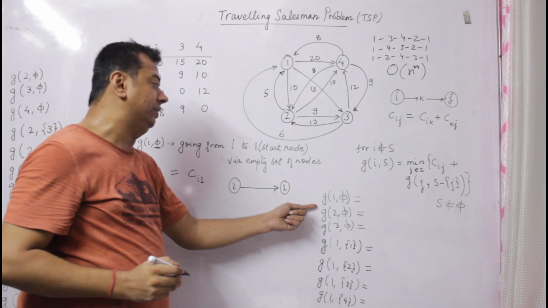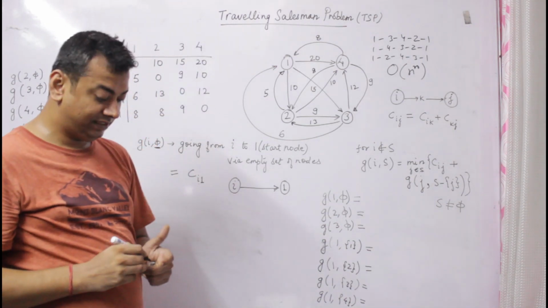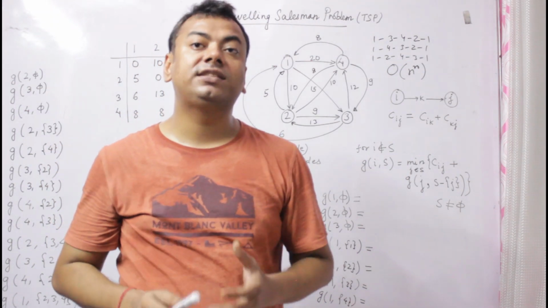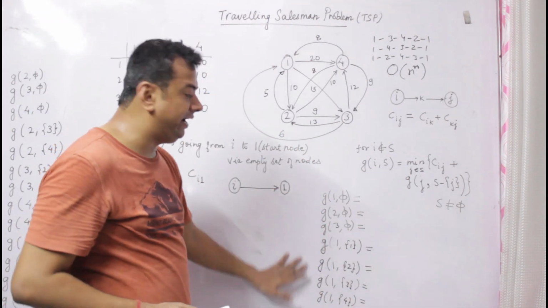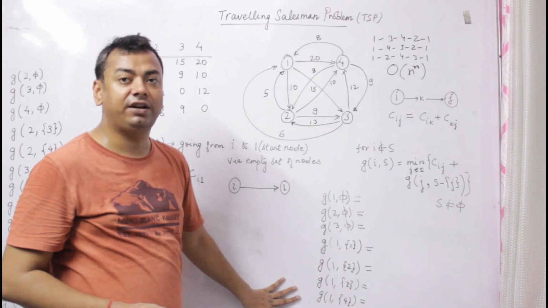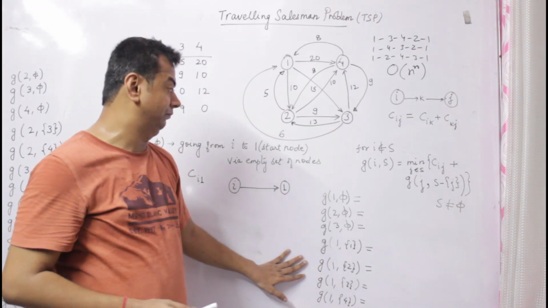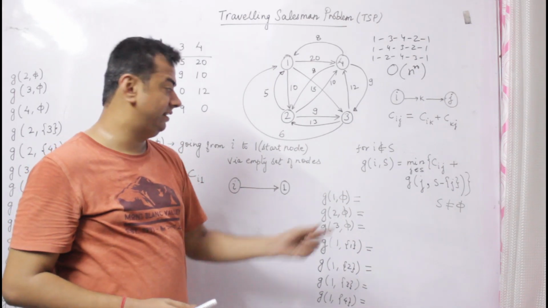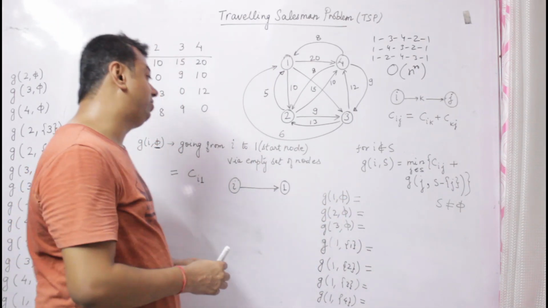So now let us compute G of 1 comma phi. Before that, which all subsets are to be included in this G function? We'll see one by one. So first is G of 1 comma phi. The set could be phi also. So what is G of 1 comma phi?